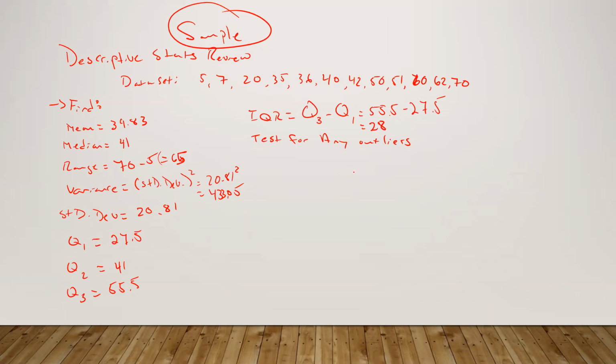So then the next thing you want to look at is testing for outliers. Like maybe this 5 is a low value, I don't know. But you have to test for both upper and lower outliers. So you have a lower cutoff value for a lower limit, which is Q1 minus 1.5 times the IQR, which is 27.5 minus 1.5 times this 28 that you just found.